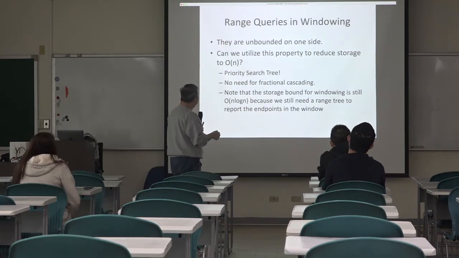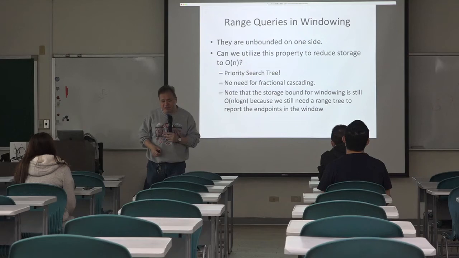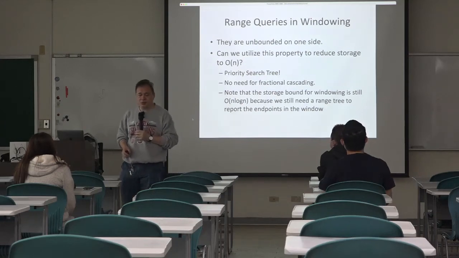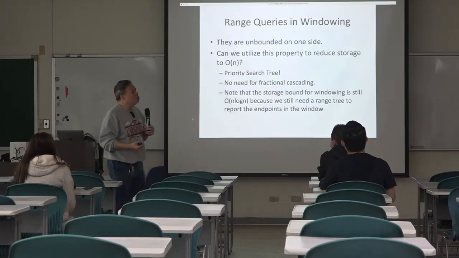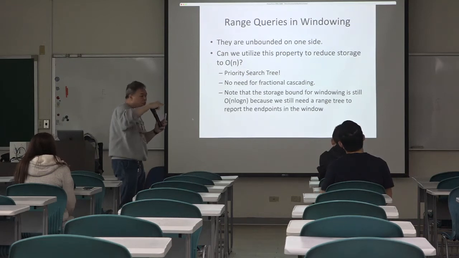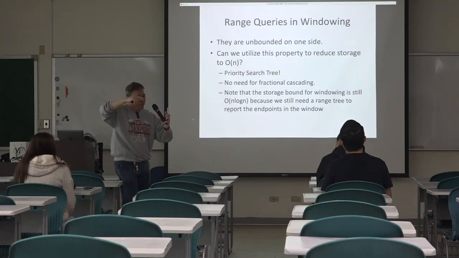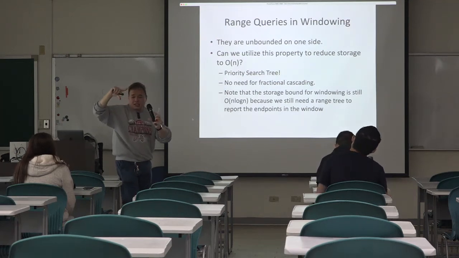So the idea is that, because this is a special type of range query, the original range query of course includes such a case, but the original range query also has a case where all four sides are bounded, right?